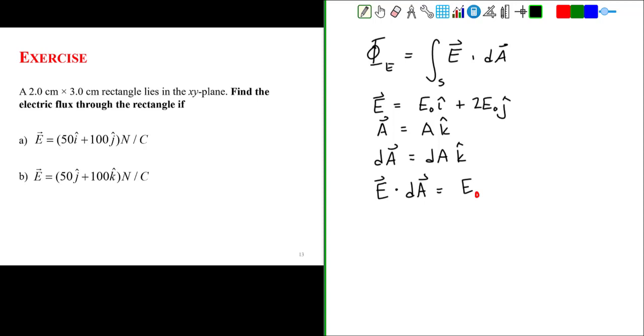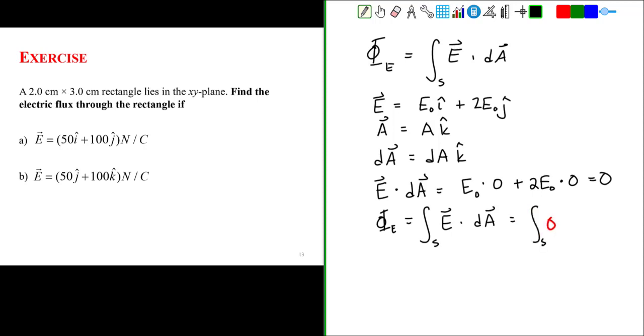So this would be the x component of the electric field times the x component of the area vector plus the y component of the electric field times the y component of the area vector. Notice this is just 0. Therefore, the electric flux through the surface for this first situation is equal to 0.